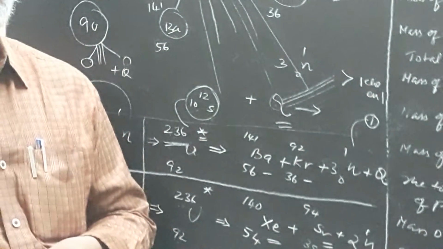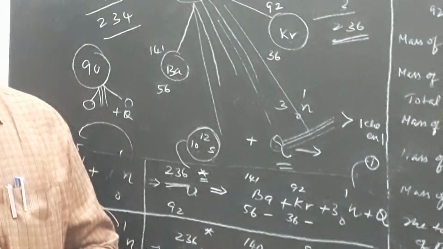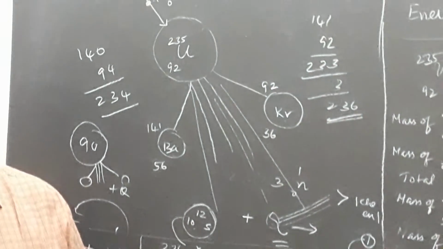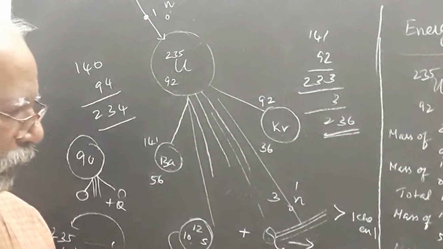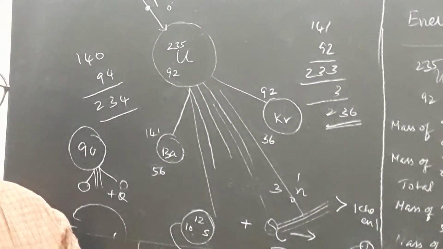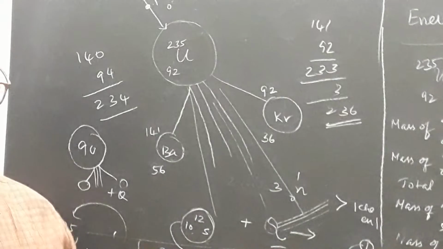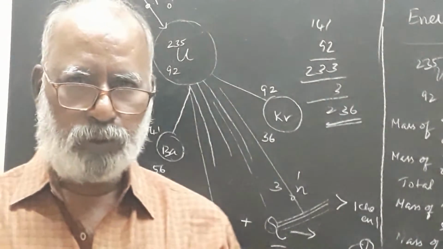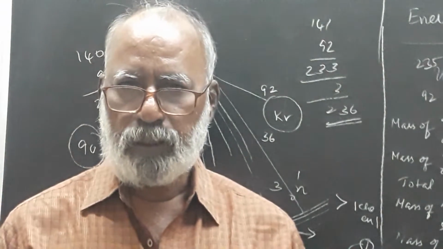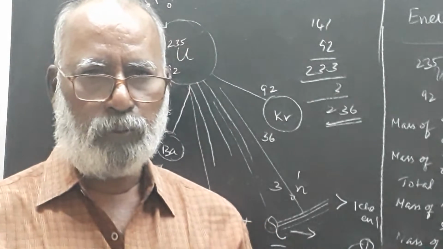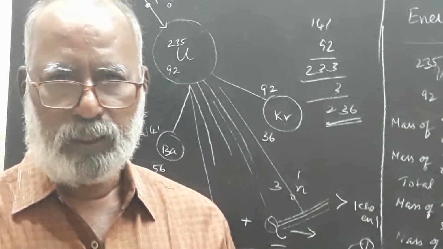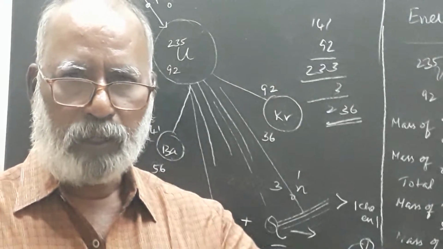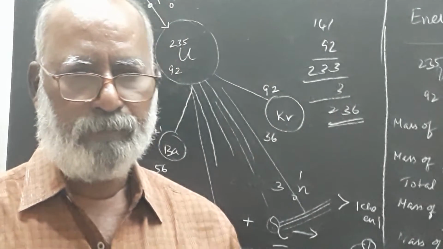This is a fantastic phenomenon that explains the nuclear fission process. If you want to convert the energy released in the fission process for day-to-day uses, then we can convert this energy for laboratory purposes, or convert this energy into electrical energy.